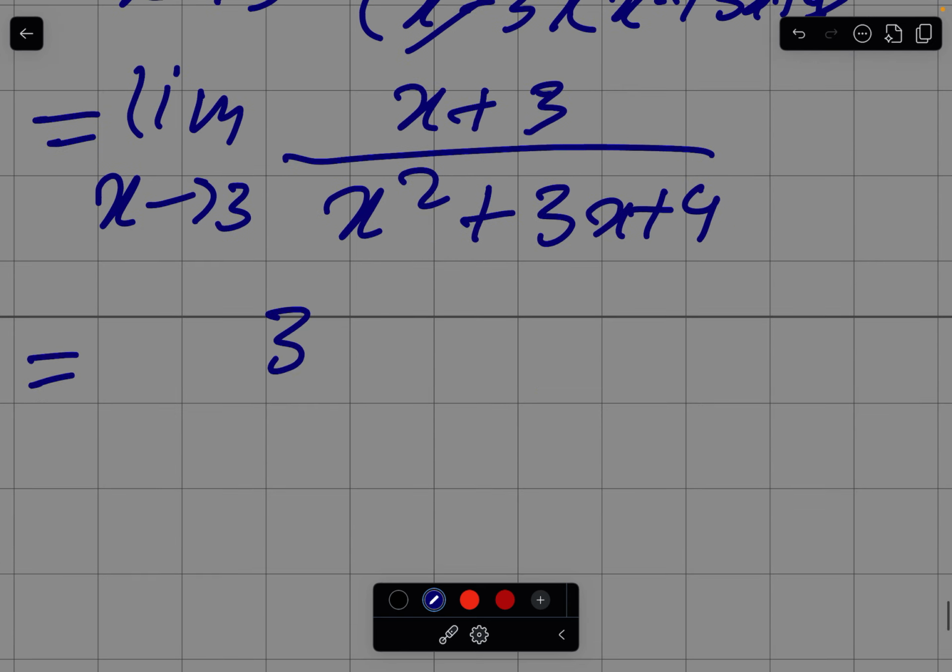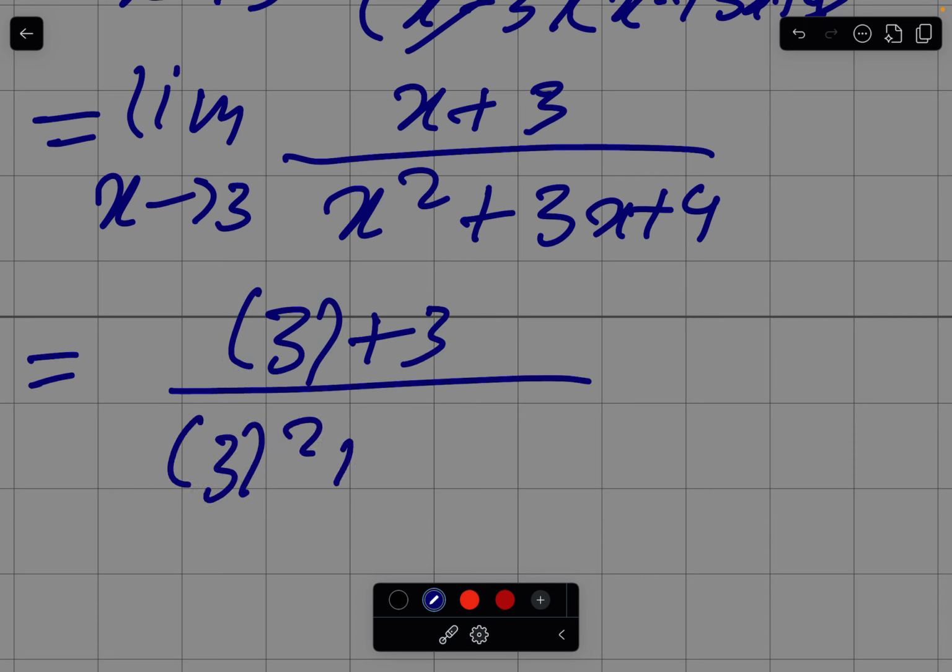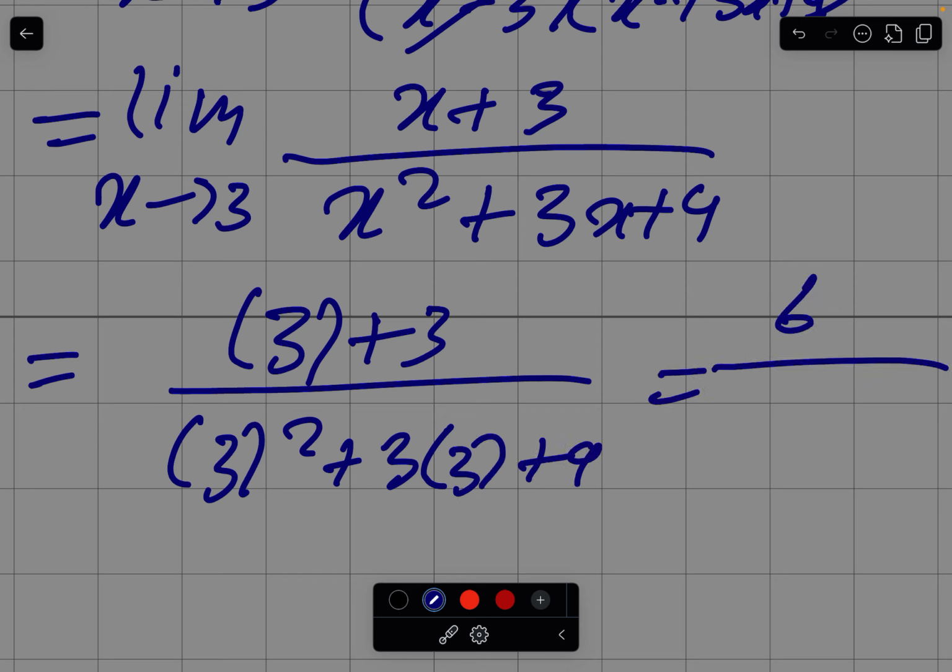Then before you substitute your values, you have 3 plus 3 divided by 3 squared plus 3 into 3 plus 9, which is 6 divided by, we have 3 squared plus 3 times 3, which gives us 18, then 18 plus 9 equals 27. Understand? So that's your final answer.